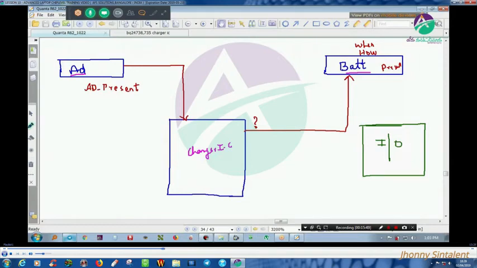If the battery is not present, adapter present confirmation is there, but battery present confirmation is not there. That time the charger IC will not work and it will not charge the battery. So the charger IC is divided into two parts.